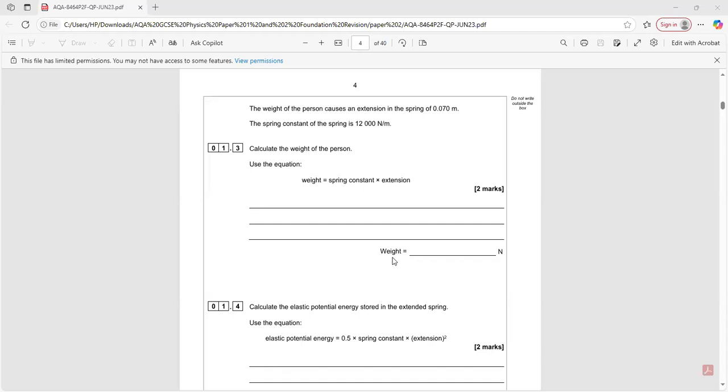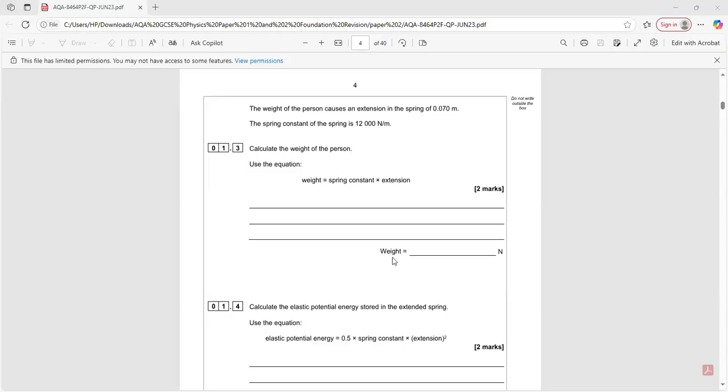In this case, all you need to do is move that decimal point 3 places to the right, and then you will have 12 times 70 as the equivalent of that multiplication. We know that 12 times 7 is 84, so 12 times 70 will be 840.